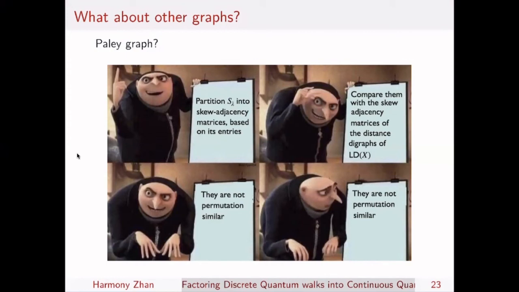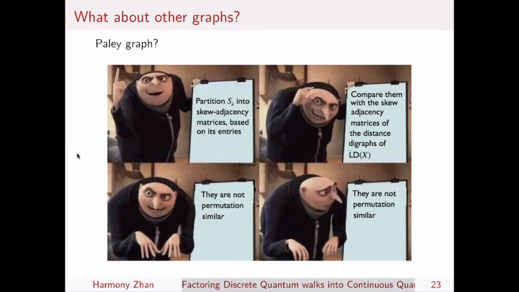Because the Petersen graph is very nice in the sense that it has girth 5, but the Paley graph has girth 3. That means when you look at the symmetric adjacency matrix of 2 distance digraphs, their entries overlap with each other. So when I take the sum, there's a cancellation. Okay, so that means I cannot get this oriented graph by simply looking at the weights.